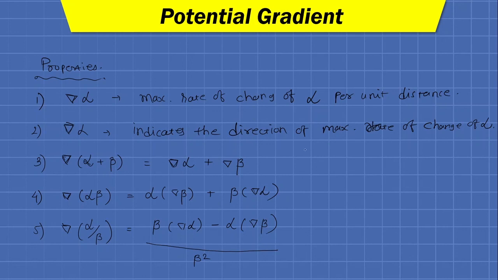Fine. So this is the law of distribution. The fourth one is called the law of multiplication. And the last one is the law of division.